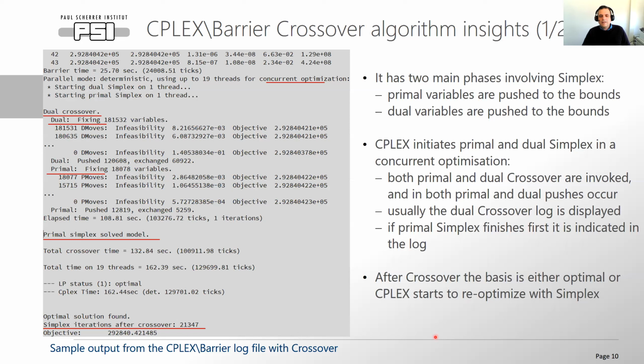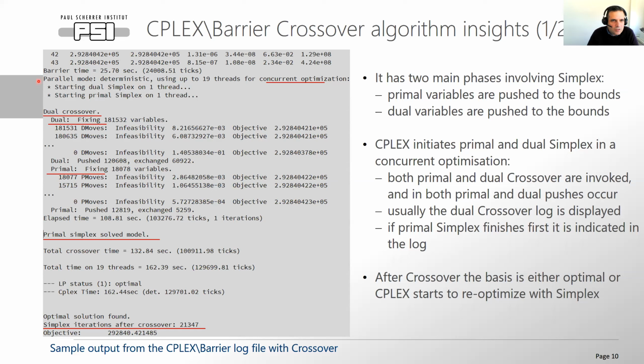And now a little bit of insight on the crossover. We can look here on the left side where we have the log. When the crossover starts, what is happening? The barrier finishes at a point where the crossover will take it and start to convert the solution to a basic solution.